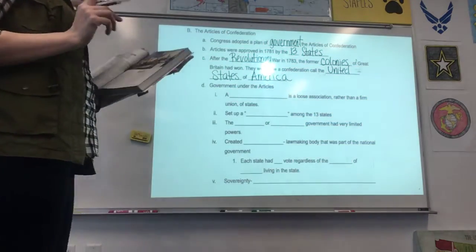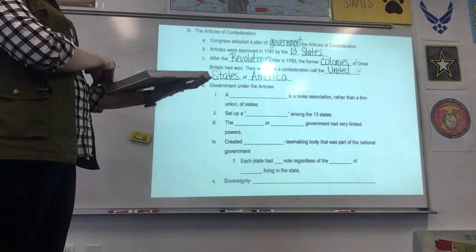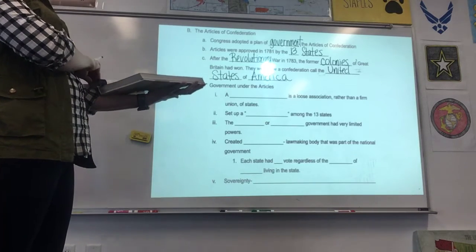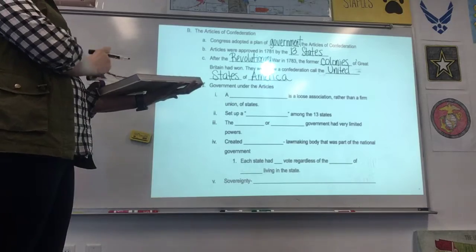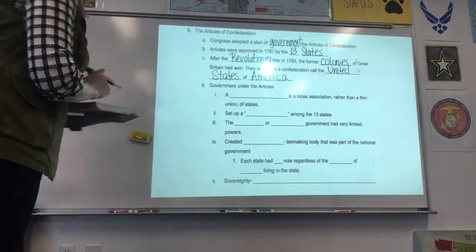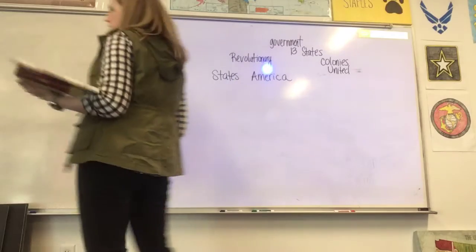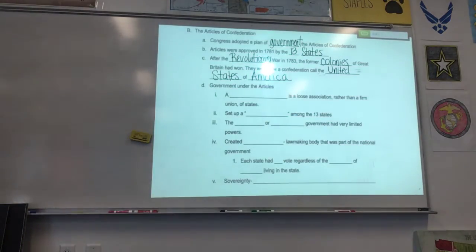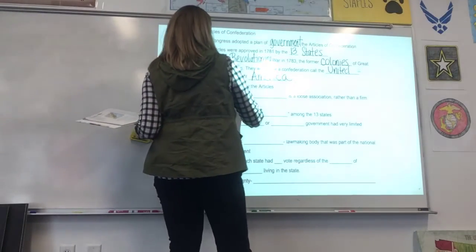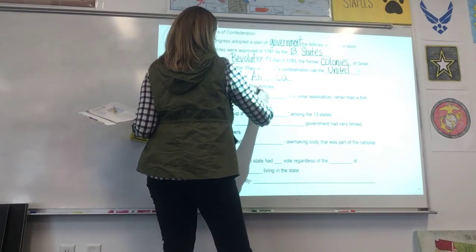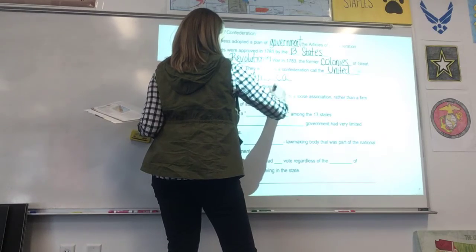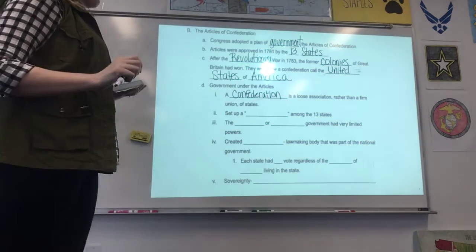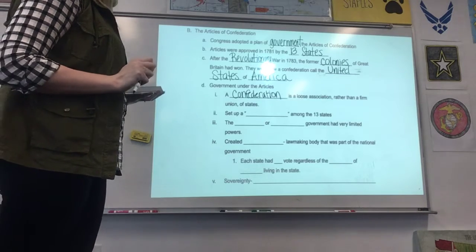Okay, so under this, a confederation is a loose association rather than a firm union of states.